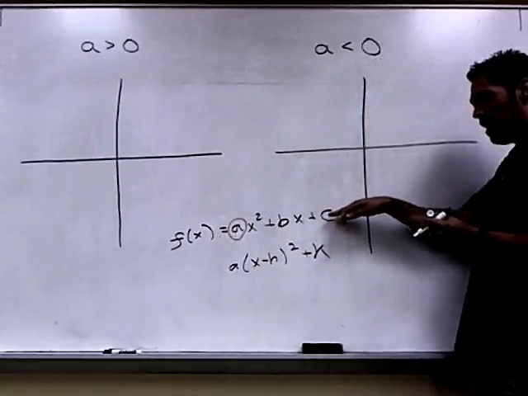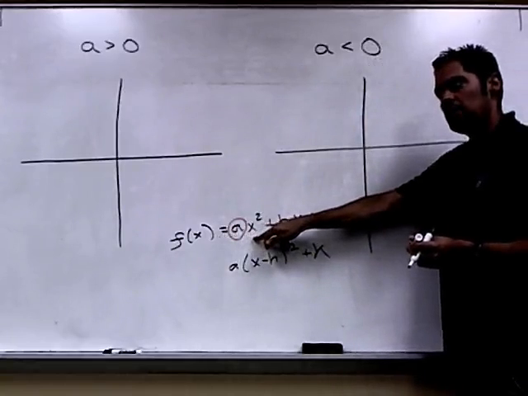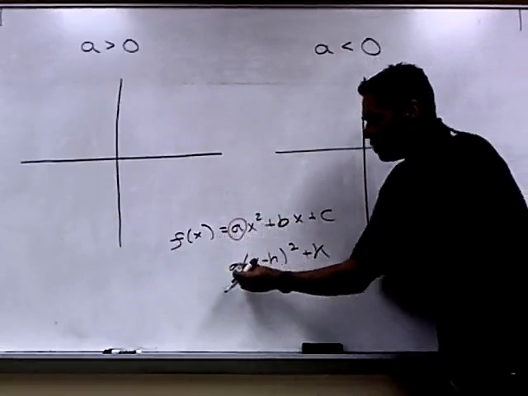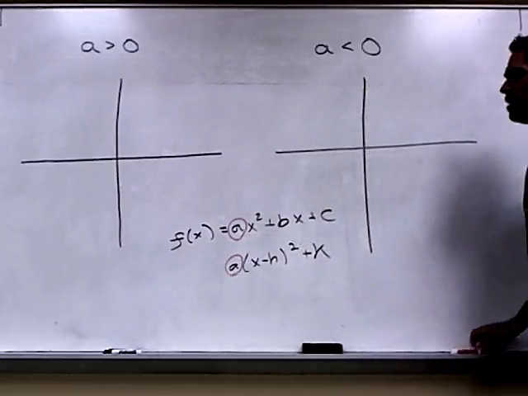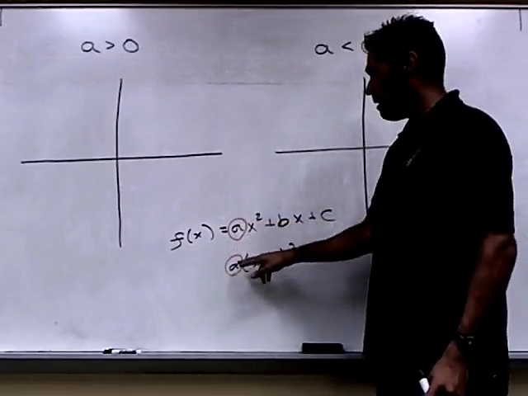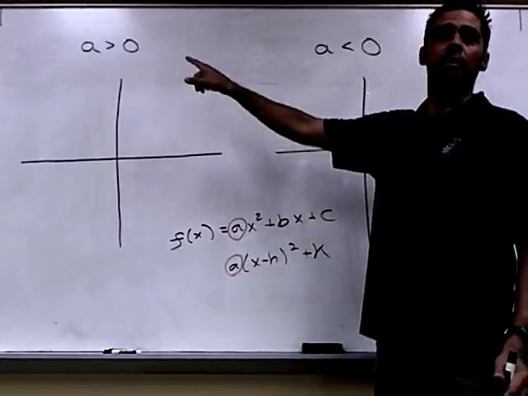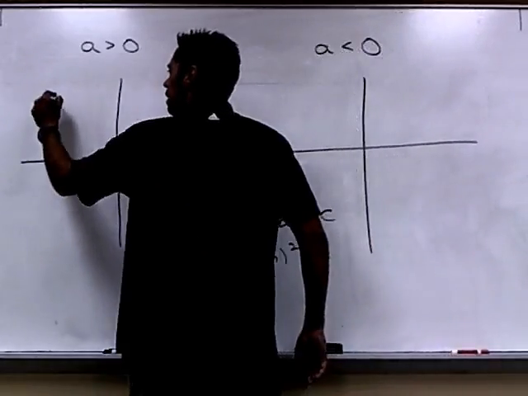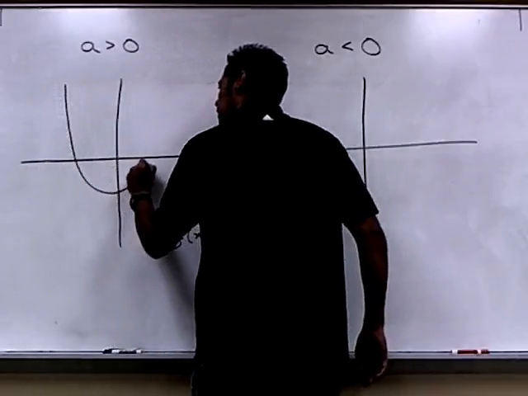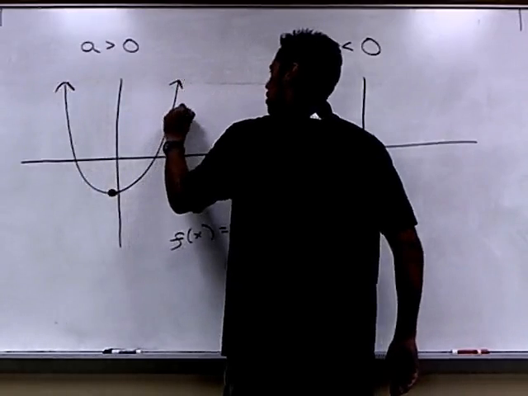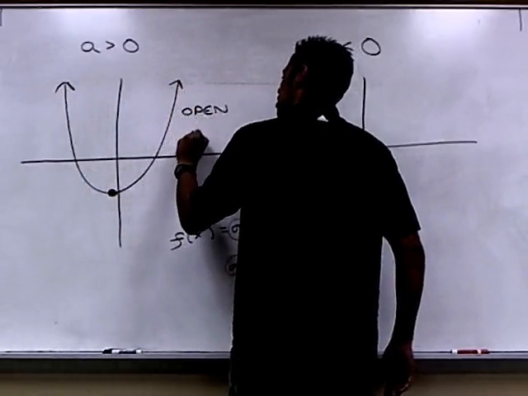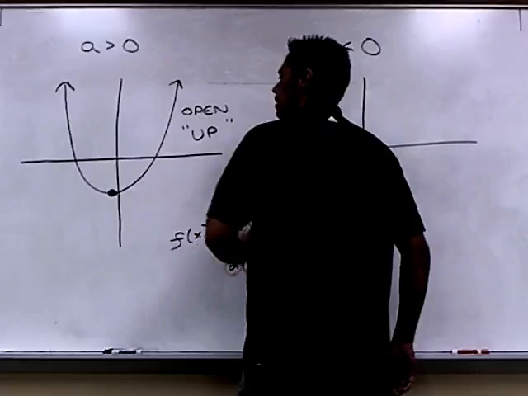If it looked like this form, it's always the number in front of x squared, or in this form, it's always the number out in front of the parentheses. If that number is a positive number, you can guarantee me that the parabola is going to look like this. It's going to open what we call up.